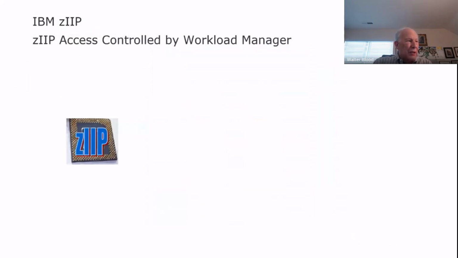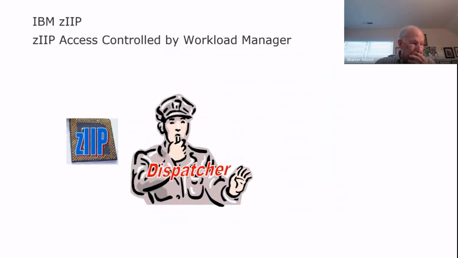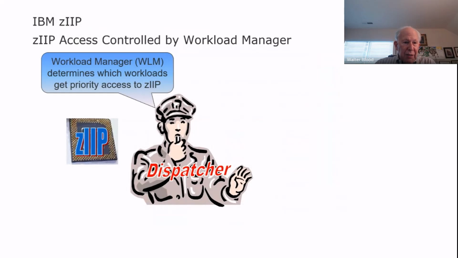But let's take a look at the zIIP and see exactly how it works. The zIIP is controlled by the dispatcher and the workload manager. The dispatcher basically is the one that actually does the dispatching of the workloads. The workload manager itself is the one that determines which workloads are going to actually go to the zIIP, which ones have priority access.